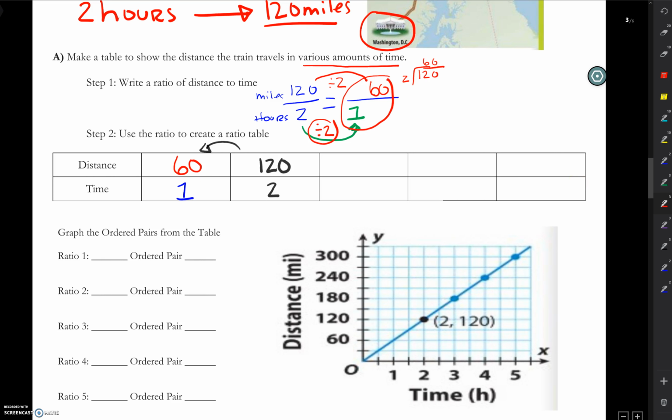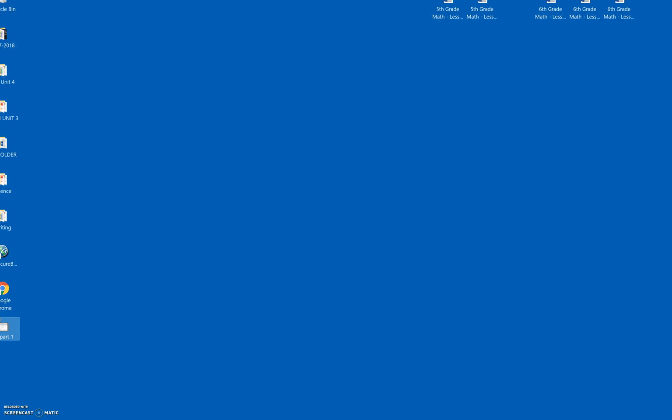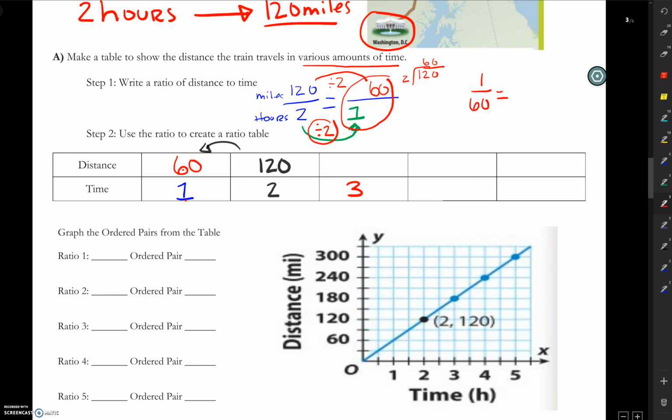In 3 hours, how far would I go? Well, now that I know that 1 hour is 60 miles, so I could do 1 over 60 is equal to, and since I'm figuring out hours, 3 over, we don't know.